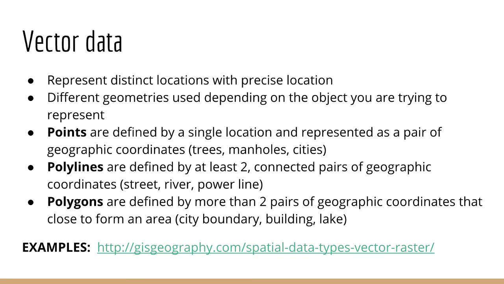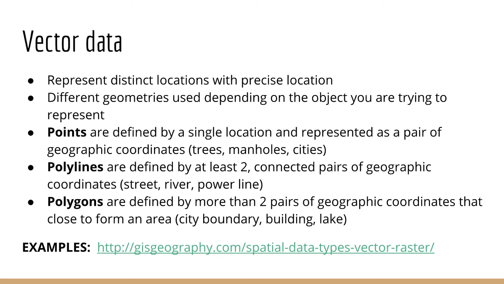All right, so a little bit more on vector data. It represents distinct locations with precise location. We use different geometries depending on the object that you're trying to represent. So we build all vector layers in a GIS from these basic building blocks. We have points, lines or polylines, and polygons. Points are defined by a single location and represented as a pair of geographic coordinates.